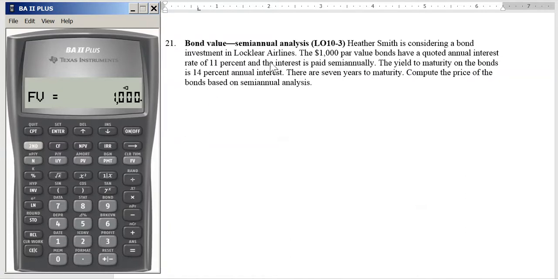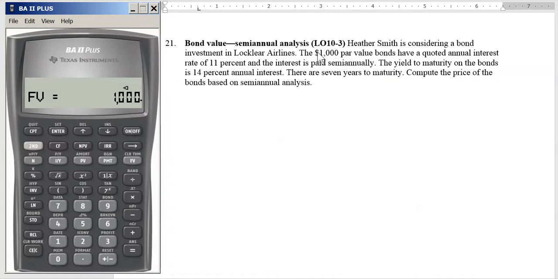The bonds have a quoted annual interest rate of 11%, and the interest is paid semi-annually. So the stated rate of 11% determines the dollar amount that is paid to the lenders, to the investor, every 6 months. It says semi-annually, every 6 months.